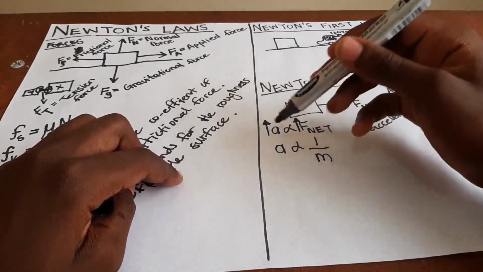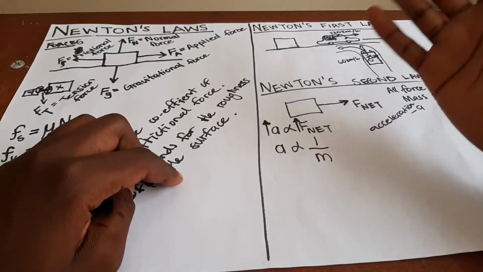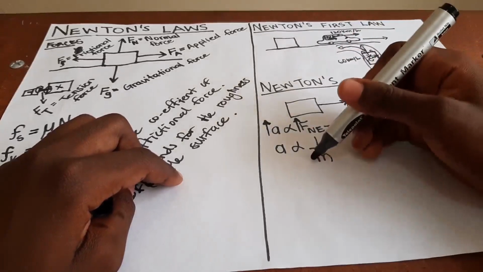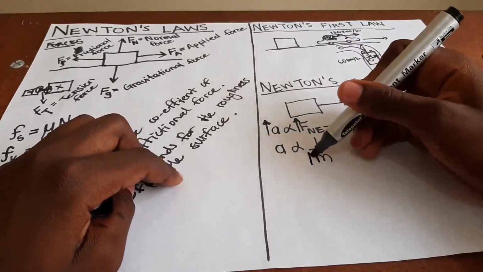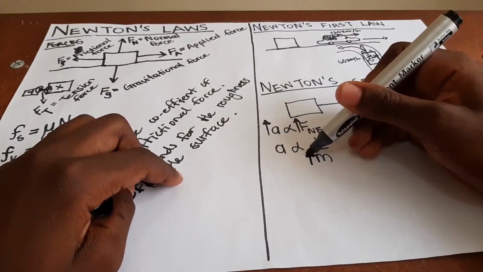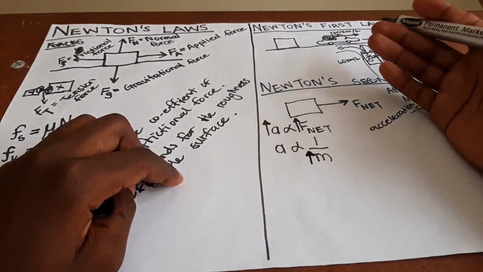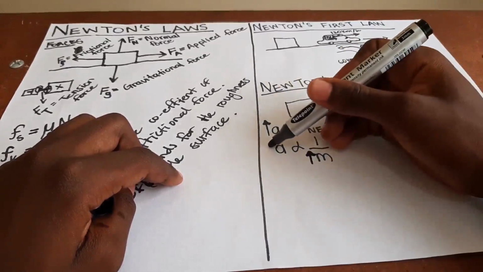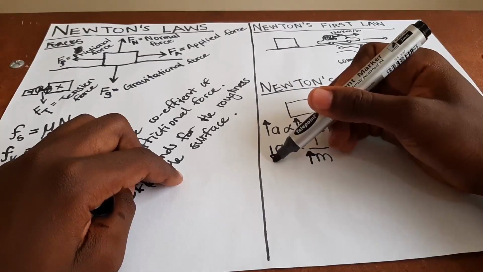In terms of the acceleration being inversely proportional to the mass of an object, this basically means that the higher the mass of an object, the lower the acceleration.